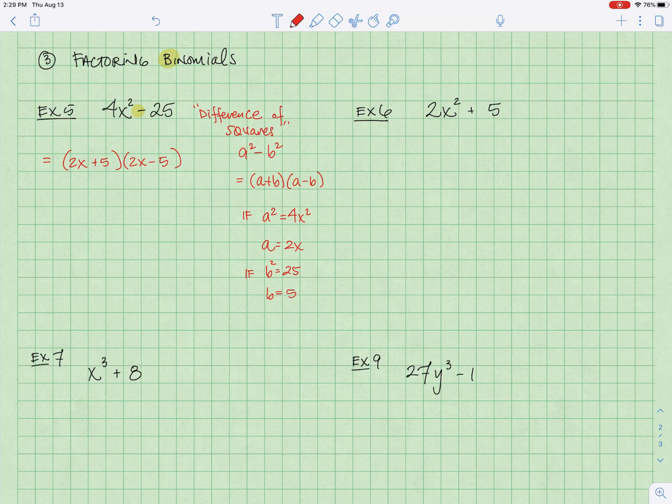This next example is a little bit different. It's not a difference of squares. It's a sum, and they have no GCF. So this is a binomial sum with no GCF. That is to say, 2 and 5 don't have anything in common that I can readily factor out.